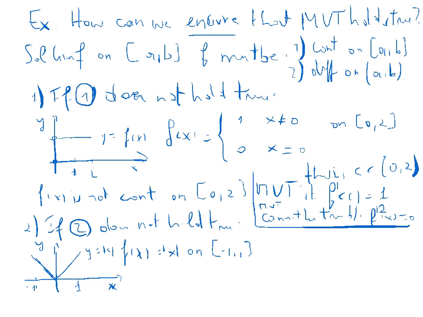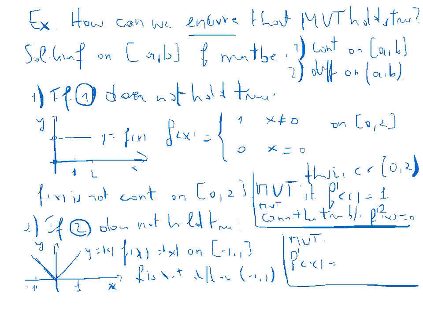But what else can we say? f is not differentiable on the open interval (-1, 1) because it's not differentiable at 0. So let's put this in a box. If the mean value theorem was holding, it would tell us there exists a point c such that the derivative of f at c would be equal to the average of the function at the endpoints.